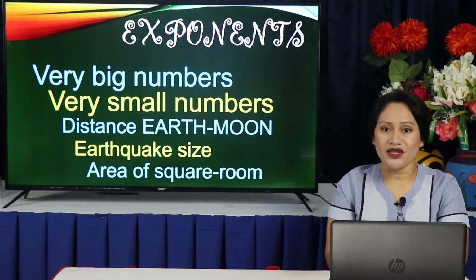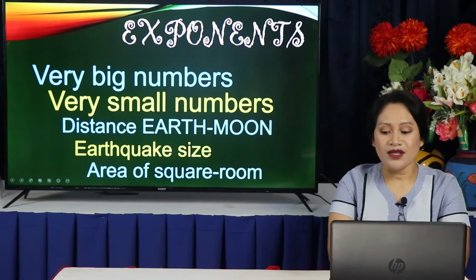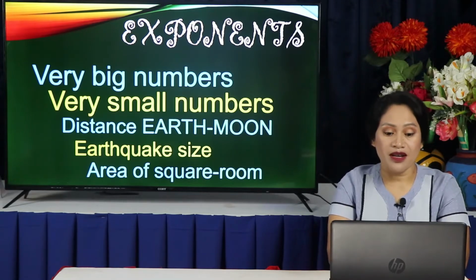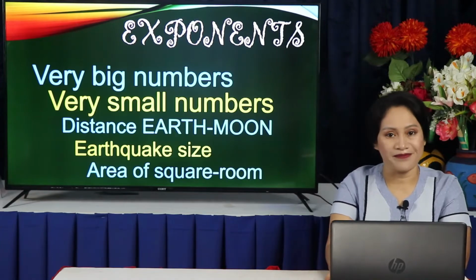Very large numbers are often expressed using scientific notation, where we use exponents. For example, scientists use exponents in measuring the distance from the Earth to the Moon, or the earthquake size, or simply measuring area of a square room.